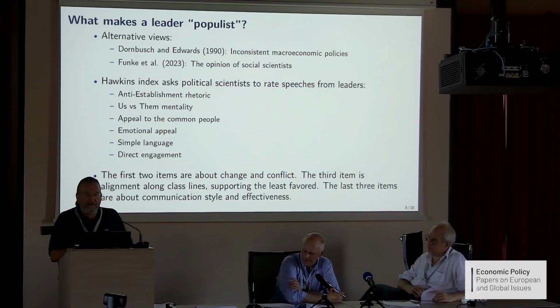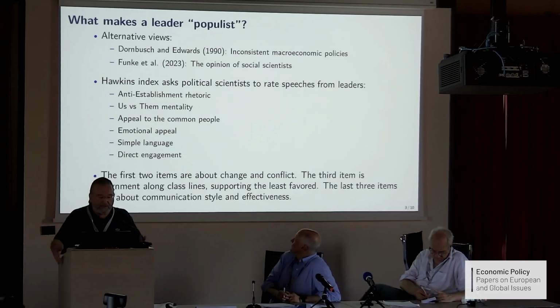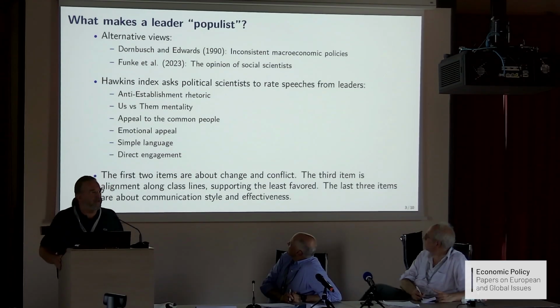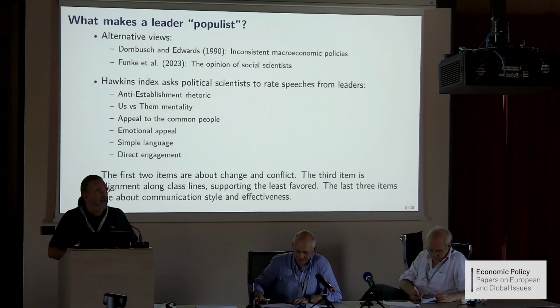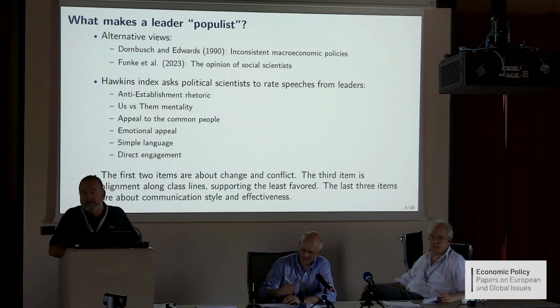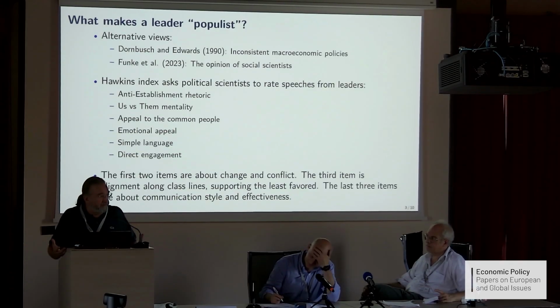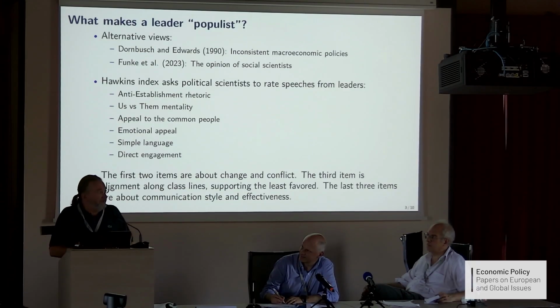Now, when I think about what makes me a populist, the first two items, anti-establishment rhetoric and us versus them mentality, suggest that these are leaders that are operating in a context where there is change and conflict, as opposed to situations where there is less change and less conflict. So whatever we see that is different, we have to attribute it to the fact that something new is going on.